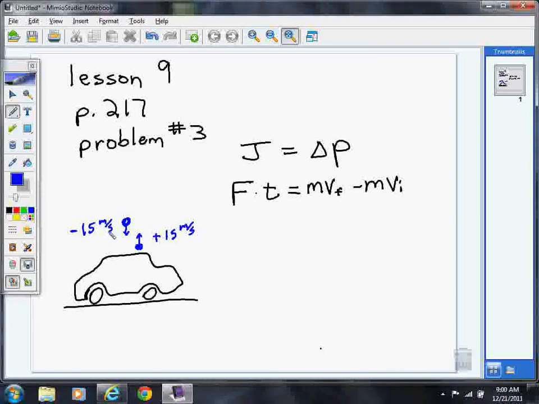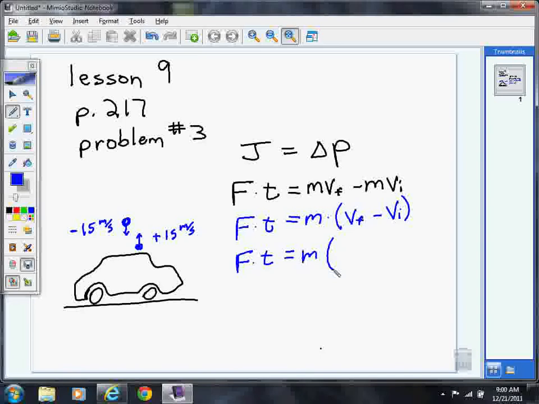But if you really watch carefully, you know what I'm going to do? I'm going to factor that m out over here. I don't know what the m is. I'm just going to factor that m out right here. So m times vf minus vi.